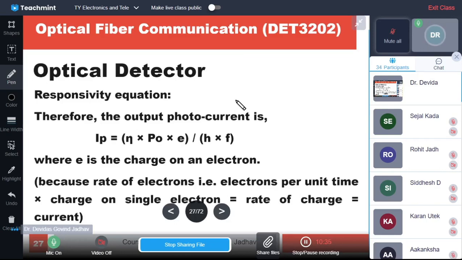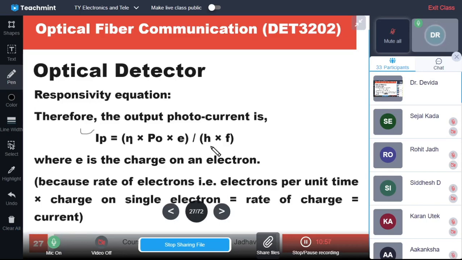Number of electrons per second multiplied by charge is charge per second, and charge per second is current. So Ip is equal to e into Re. Re is eta Po upon hf, so Ip is eta Po e upon hf.